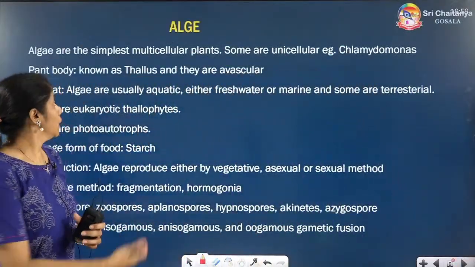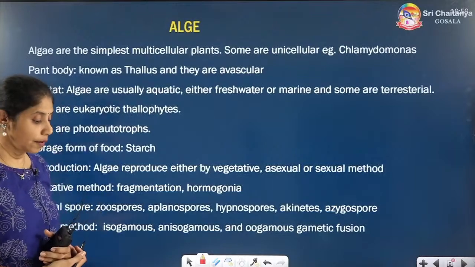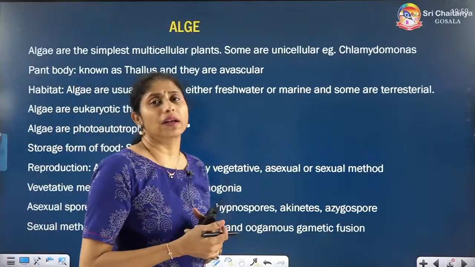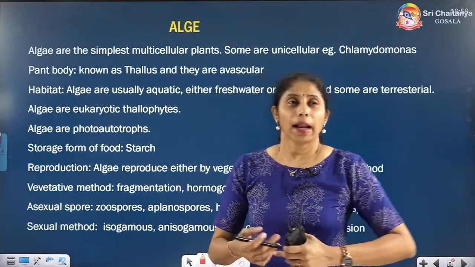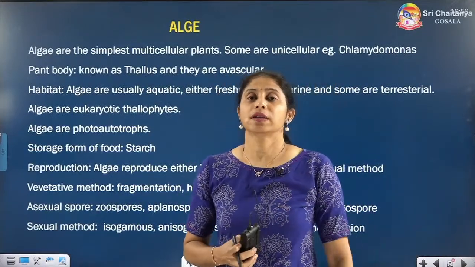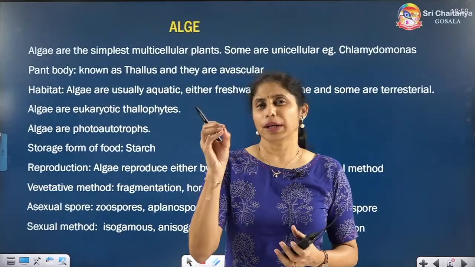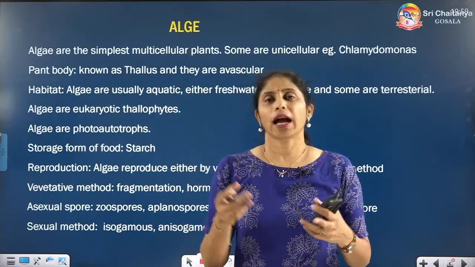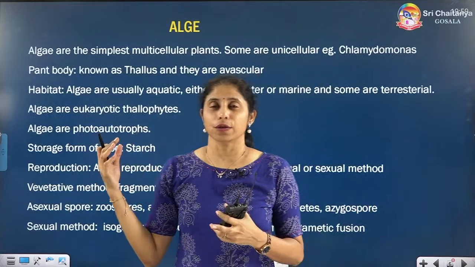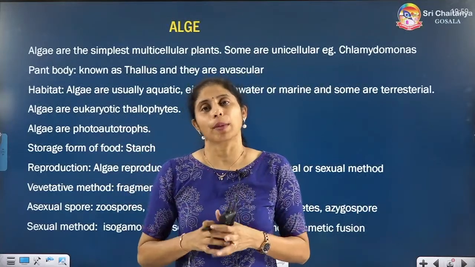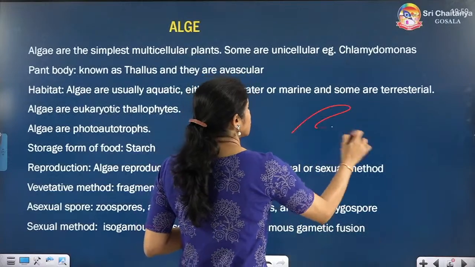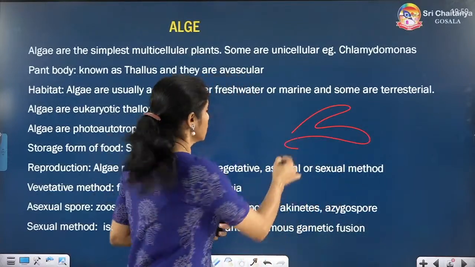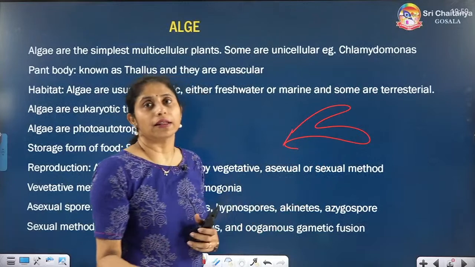In algae, the body is very simple, and can be multicellular or unicellular. But the algae in the plant kingdom are generally multicellular and the simplest forms, and they don't have parts like root, stem, leaf. They have an undifferentiated plant body, a thalloid body, which cannot be divided into root, stem, leaf, nothing.